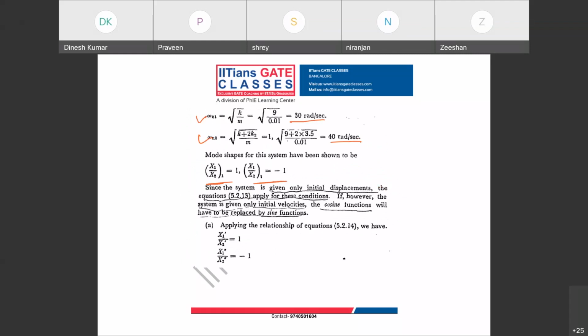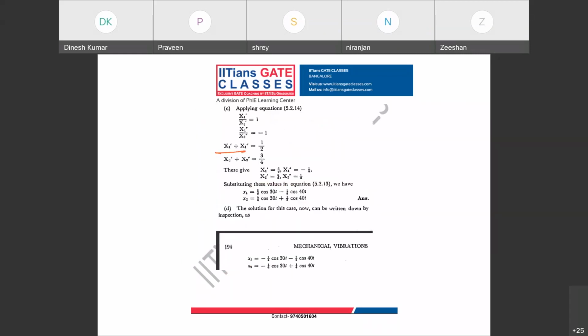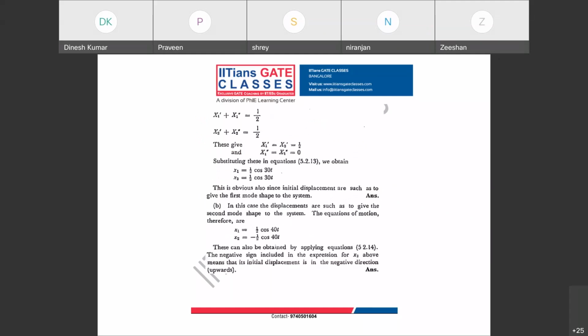In your GATE problem they gave the modes also, so that is also not required. Using these modes and the other two equations which I have already told, we can find these amplitudes.